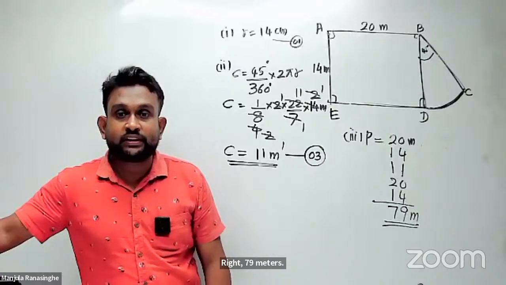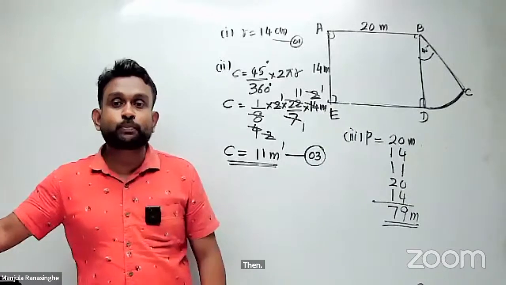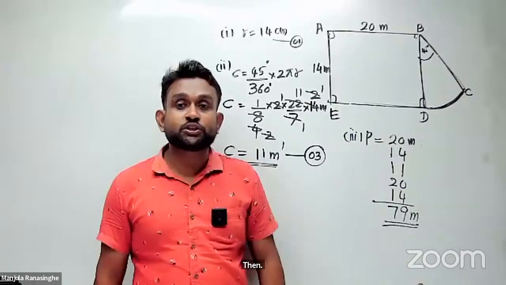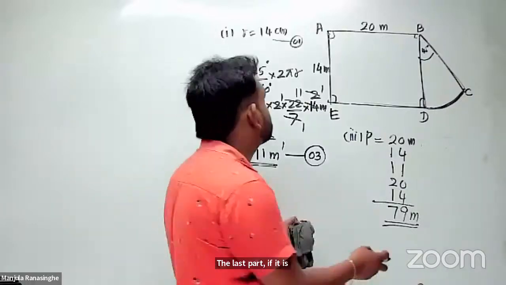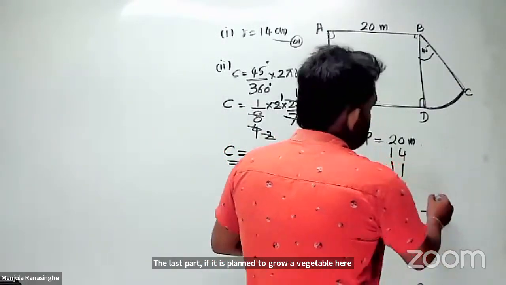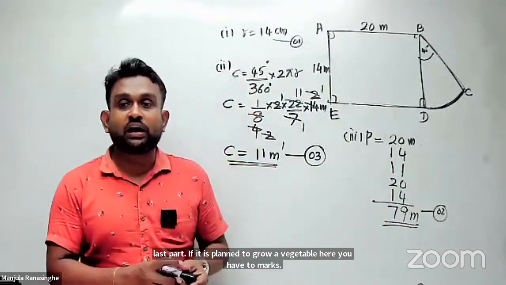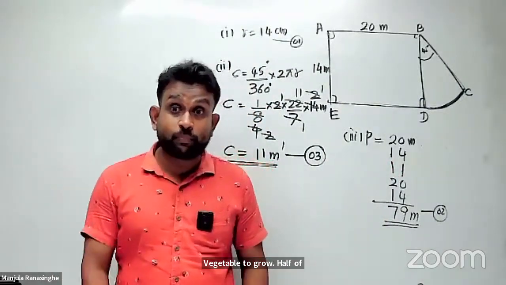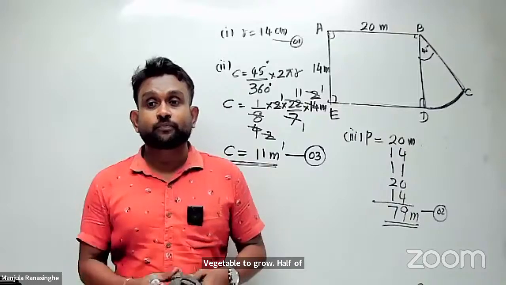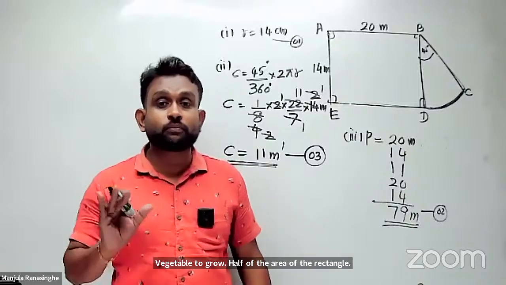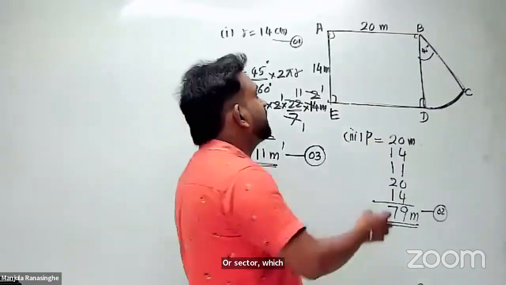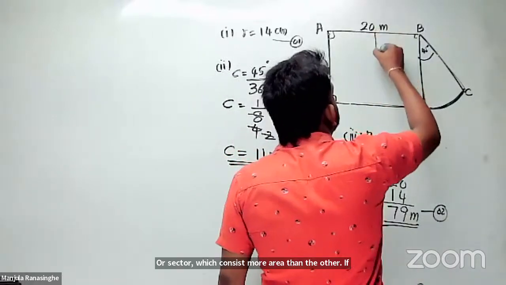Then the last part: if it is planned to grow vegetables on half of the area of the rectangle part or the sector, whichever has more area, here you have 2 marks. You have 2 options.